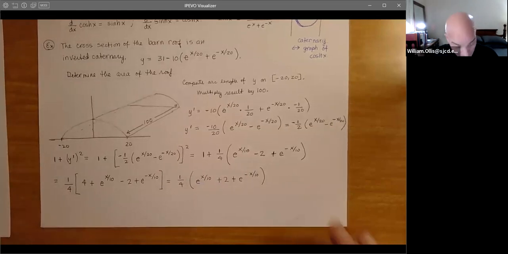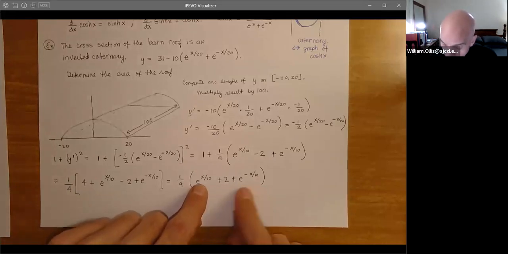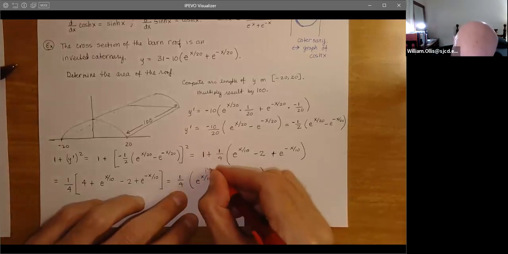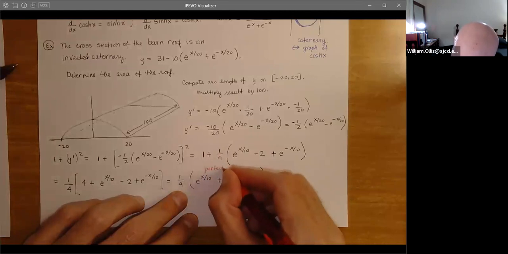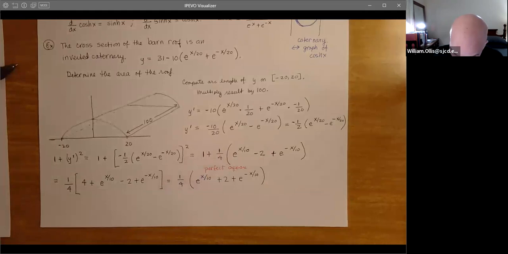Now, this is the same situation we were in before. When you look at this particular problem, we've got the perfect square again. Even though it's a little bit harder to see, we're going to go right back to that denominator of 20, perfect square. I'll write this below so you can see it.